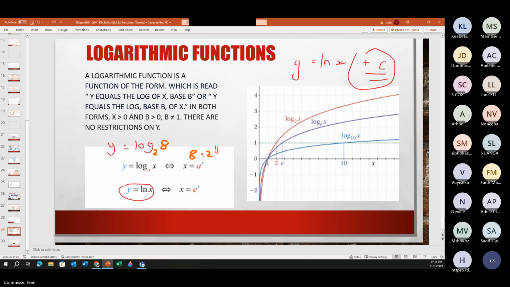Okay, so you will then have 8 is equal to 2 to the power y. So then you need to work out what is y. So 2 to the power of what is 8? So 2 times 2 times 2 gives you 8. So y would have been, in this instance, sorry, 3. So 2 to the power of 3 will give you 8.